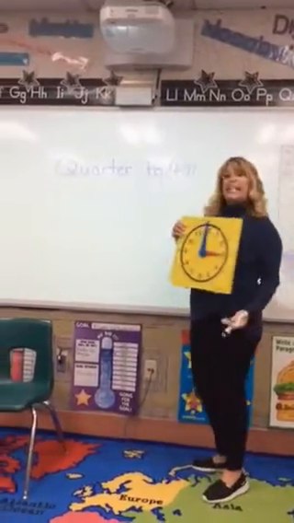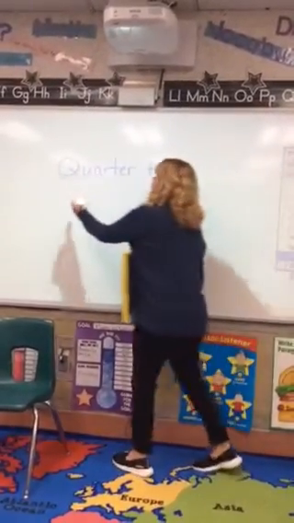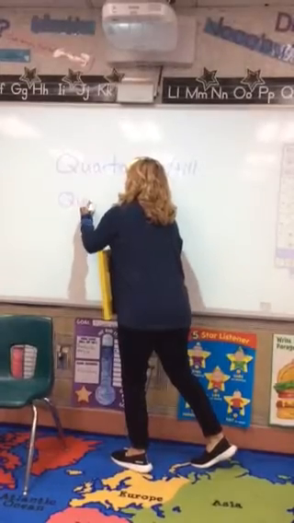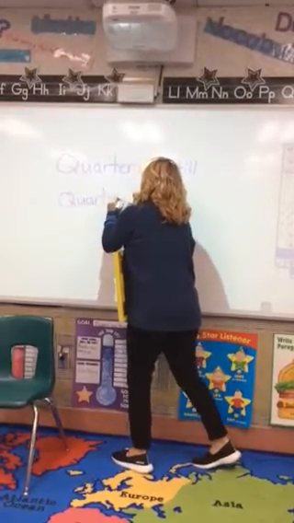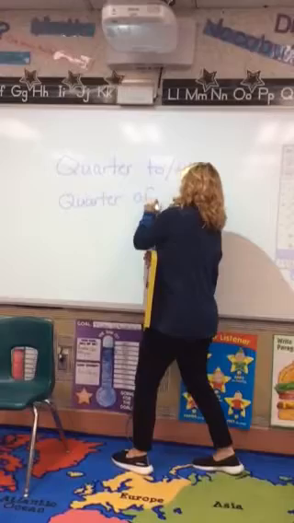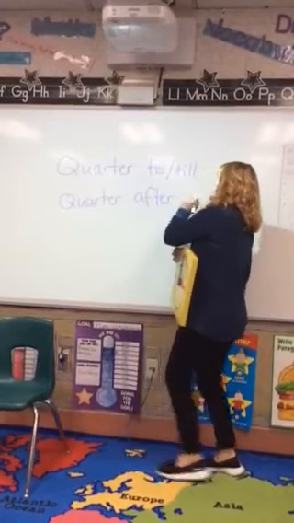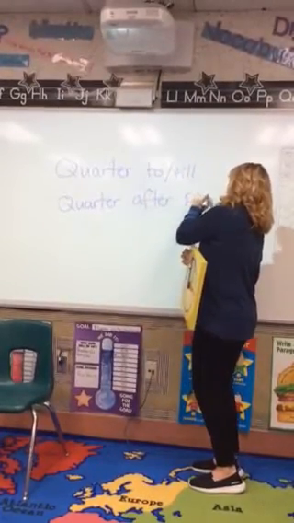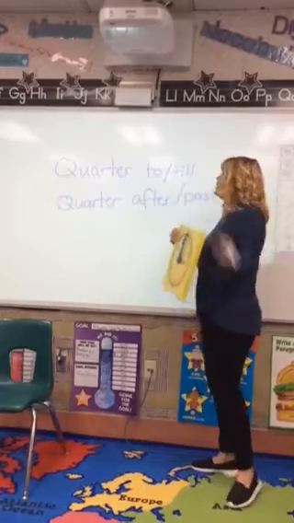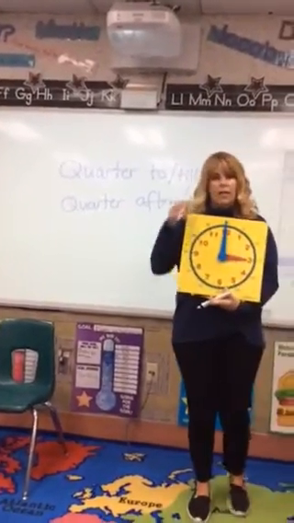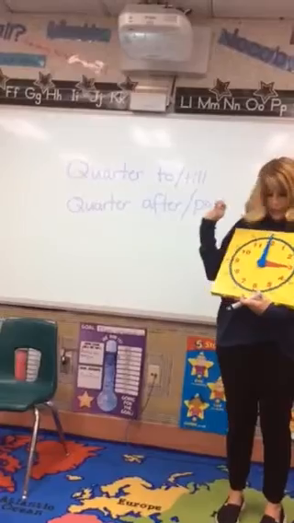Till is short for until, or we may say quarter after, or maybe quarter past. This is the clock talk. It's a little tricky when we're looking at those quarters.